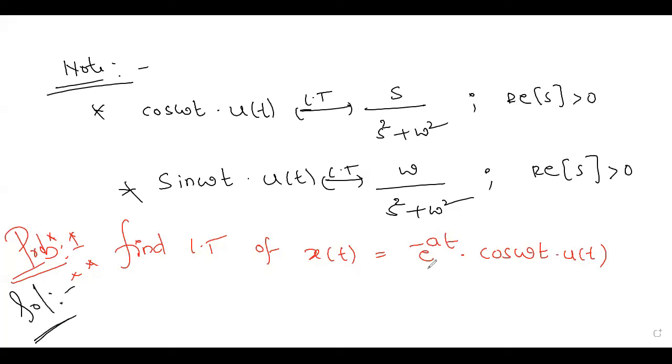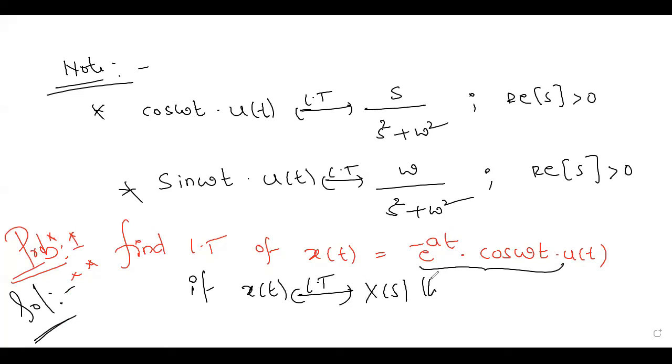See here, by just observing the signal itself, you have to analyze that this is of the form: if x of t Laplace transform is x of s, then e power minus at into x of t Laplace transform, refer to the properties, is X of s plus a, isn't it? So e power minus at x of t Laplace transform is capital X of s plus a.